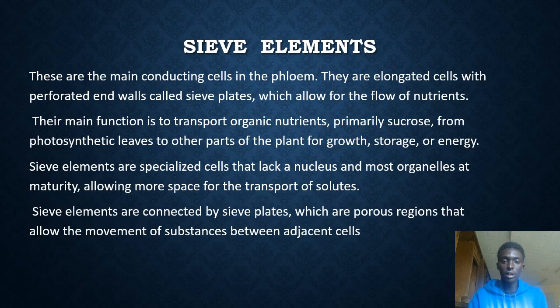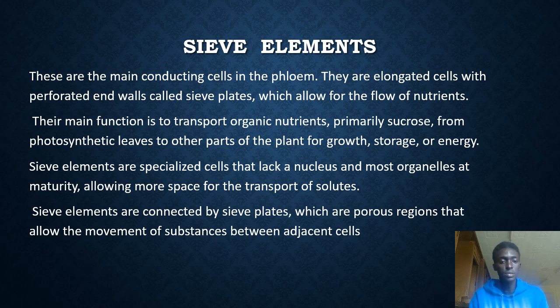At first, we have the sieve elements. These are the main conducting cells in the phloem. They are elongated cells with perforated ends known as sieve plates, which allow for the flow of nutrients. The main function of sieve elements is to transport organic nutrients, primarily sucrose, from photosynthetic leaves to other parts of the plant for growth, storage, or for energy.